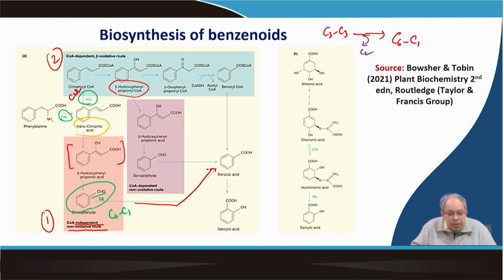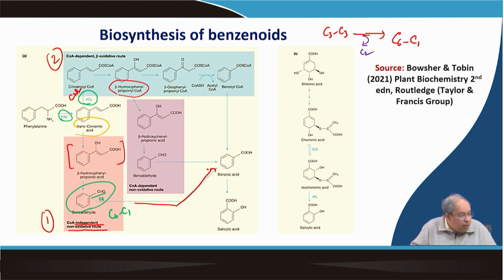Here it is called cinnamoyl CoA ligase, but this is termed CNL. Normally 4CL is used for activation of hydroxycinnamates. When there is no hydroxy, only cinnamate, there the CNL terminology is used, and it forms 3-hydroxy 3-phenylpropanoyl CoA, and then it makes beta oxo phenylpropanoyl CoA, and then finally it makes benzoyl CoA.